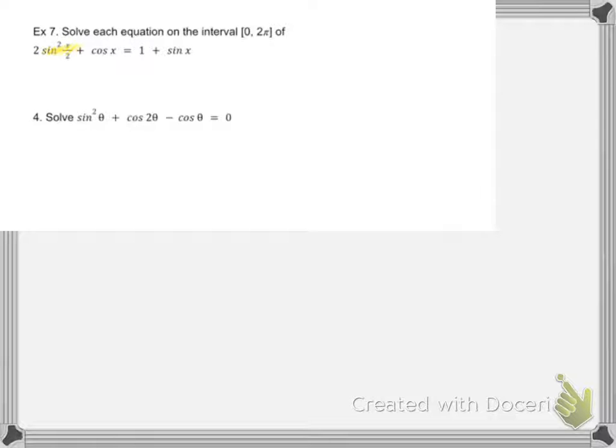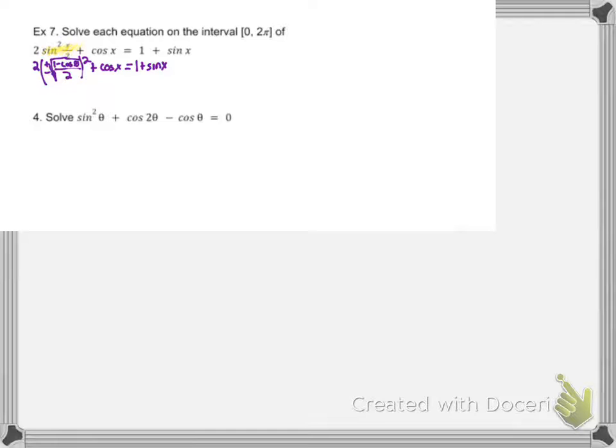But we're going to have to substitute in with one of those identities, which we can do. So here we're going to write 2 times plus or minus the square root of 1 minus cosine theta over 2, quantity squared, plus cosine x equals 1 plus sine x.